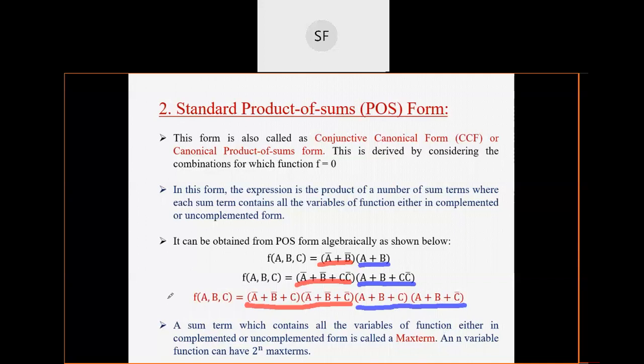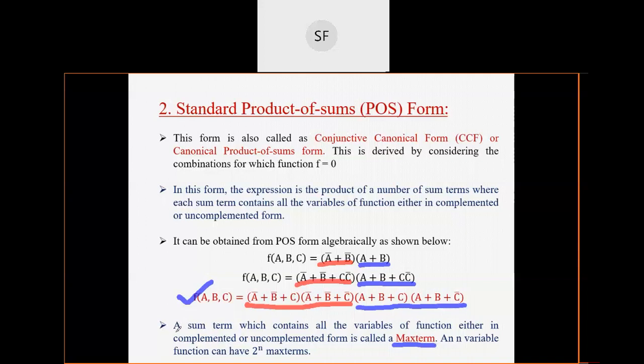Now you can observe in this representation there are four different terms. Okay, 1 2 3 4, and in all four terms you can observe that three variables are present, either in complemented or uncomplemented form, right? So these terms are now called max terms. In case of SOP it was min terms; in case of POS it is max terms.